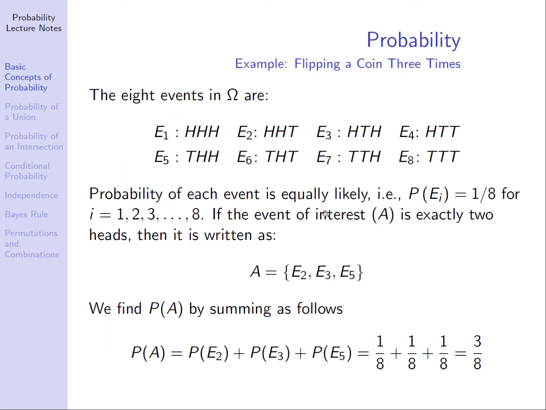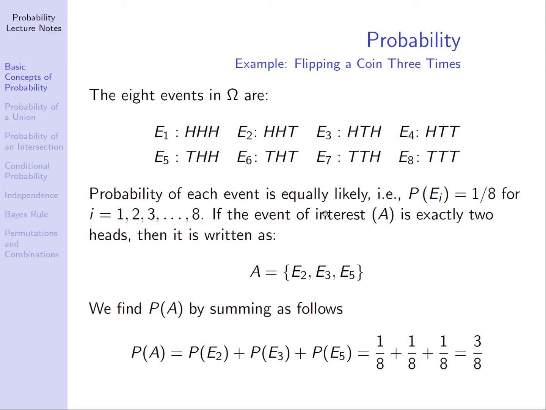Now, think about flipping a coin 3 times. Then the 8 events that can happen start with, for example, heads on the first flip, heads on the second flip, and heads on the third flip. This is what I marked with E1 on this slide. The probability of each event is equally likely, that is, it's 1/8.